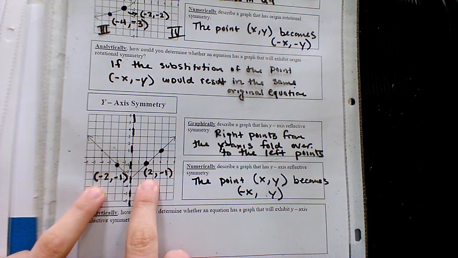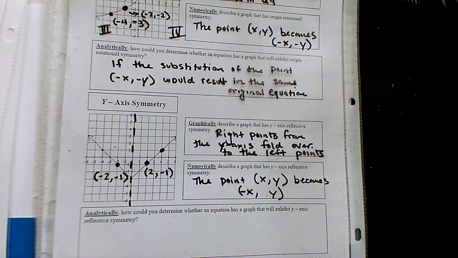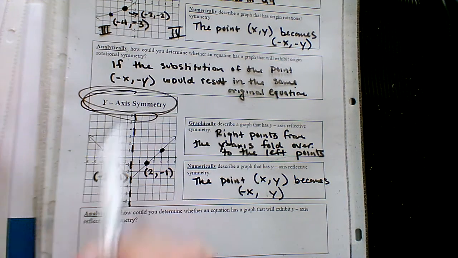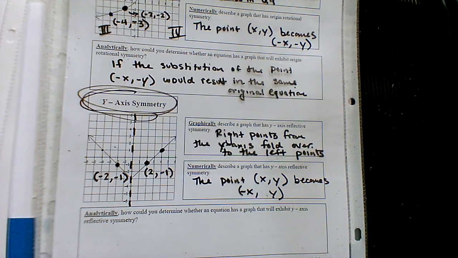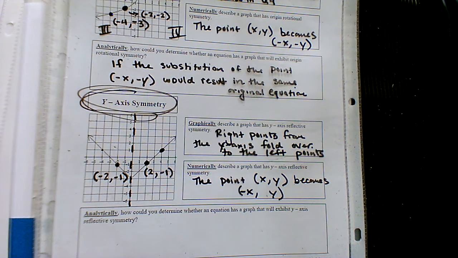So the x's changed sign, but the y value stayed the same. If we can identify that numeric relationship, maybe within a table or on a graph, we then can conclude it has y-axis symmetry. Maybe we don't have a picture to help us out with that. So we have the specific relationship between the points for this particular type of graphical symmetry.